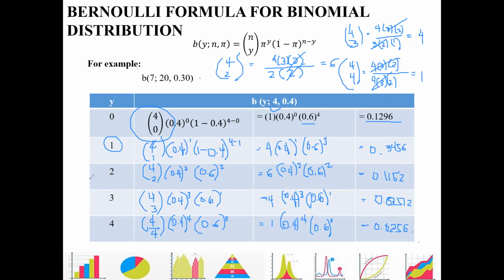Halimbawa, mas mababa yung percentage, 11.52% lang, na magkakaroon ng dalawang type O. O kaya, 5.12% lang na magkakaroon ng tatlong O. And then, mas malala kung 4. So, 2.56% lang. So, ang pinakamataas yung probability is yung 1.